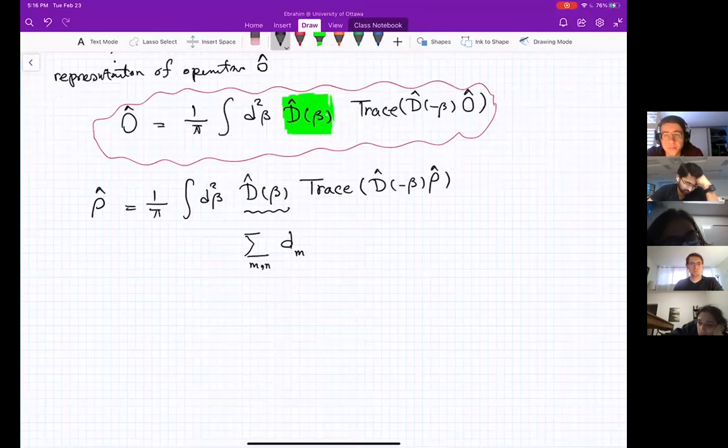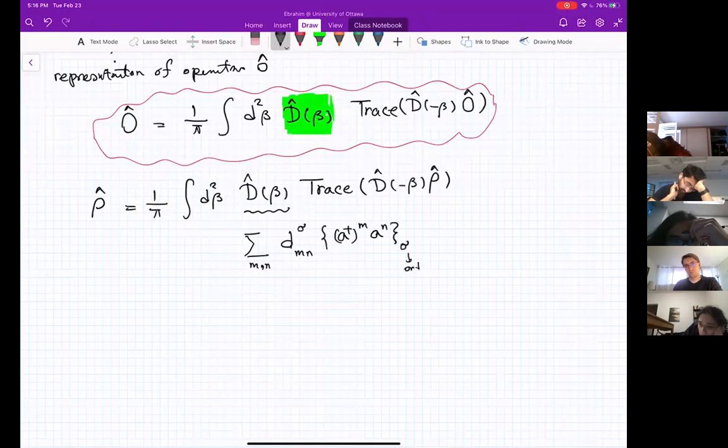Okay. And M and N of sigma, right? And then we have A dagger power of M, A power of N in the sigma order, right? Remember, these are in sigma order. We are replacing this here. Let's do a little bit of mathematics again. So we will get 1 divided by pi.